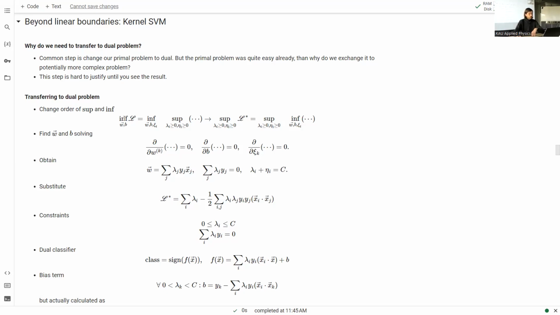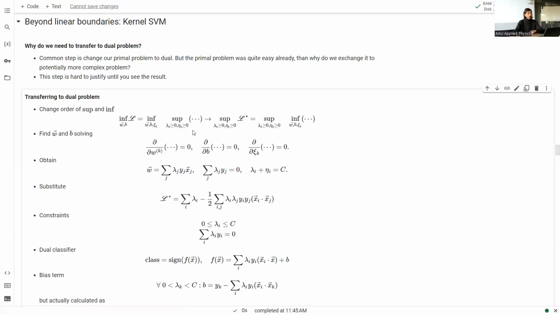I'm taking some sort of infimum with respect to some sort of parameters, in this case, vector W and B. And it looks like I have some sort of formula that looks like infimum with these parameters W, B, psi i, then supremum with respect to dual parameters, lambda i and eta i, and I want them to be positive, and there are some complicated formulas inside these brackets. So you saw that formulae, just know that there are some expressions.